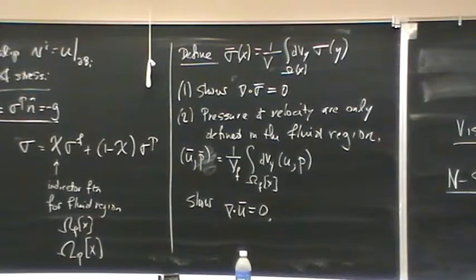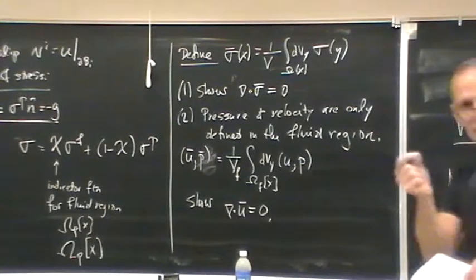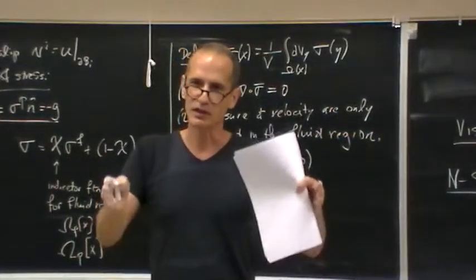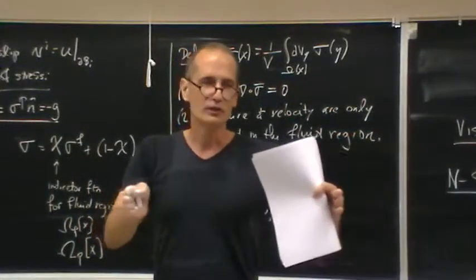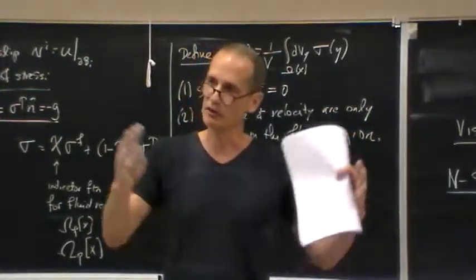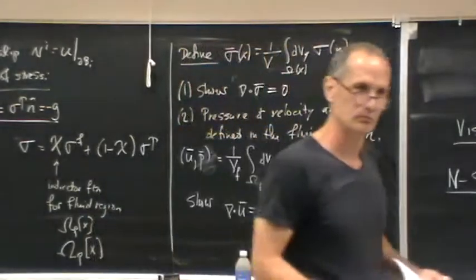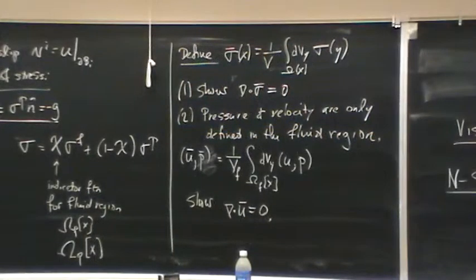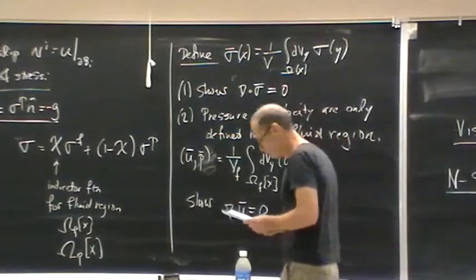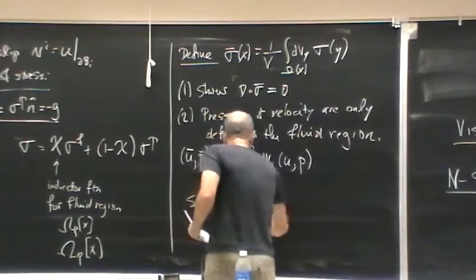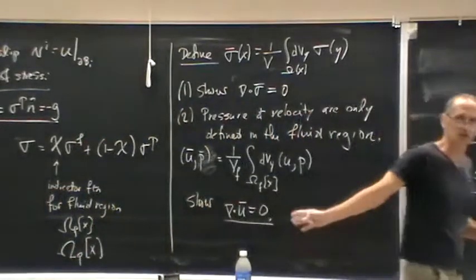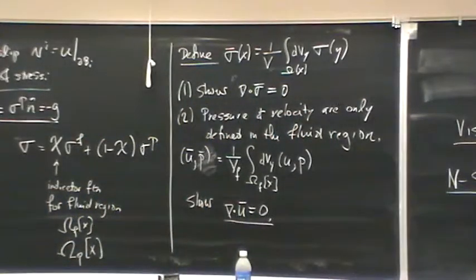There are errors that have to do with some scaling of the particle size. Assume, just for the purpose of calculation here, to make it easy, that you're dealing with a volume that is not cutting through particles. Okay, they're in the interior or the exterior, but not cutting through. After you do that, think about how you get corrections to this. Okay, so show that. So in the case of cutting through particles, these are approximately true statements.